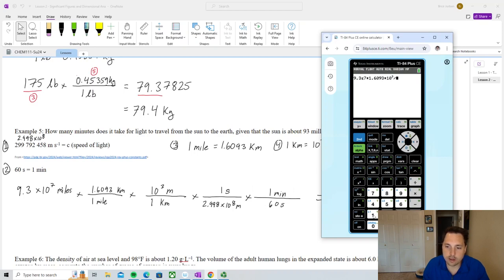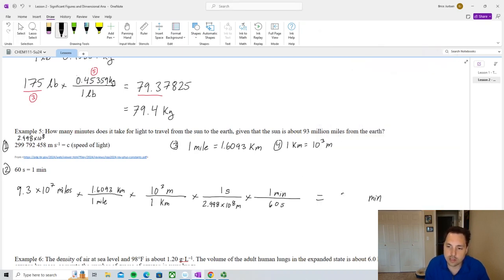So I'll divide by 2.998. And then in this case, I need to make use of the exponent here, e. Otherwise, I'm going to get an order of operations error. And then I need to divide again by 60 here.